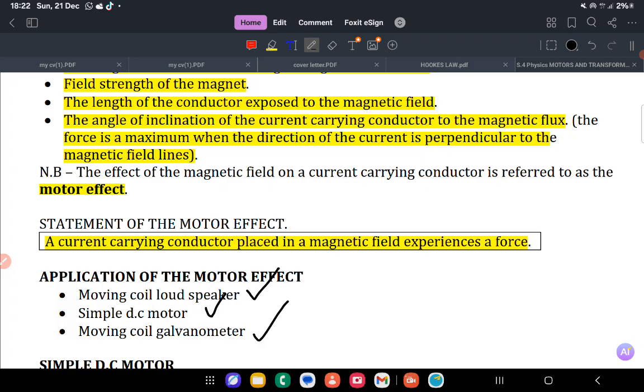These devices work on the basis of the motor effect. What does the motor effect say? The motor effect states that a current carrying conductor placed in a magnetic field experiences a force. We shall look at each one of these one at a time in our next lessons.